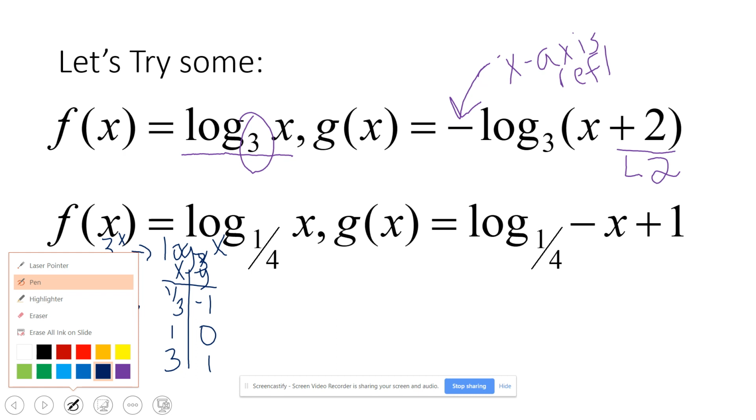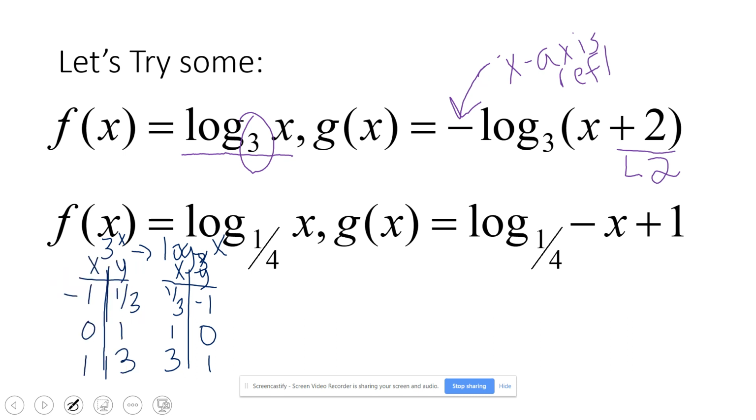I go ahead and I draw our parent function. I'm going to use that navy. And our parent log function, we have 1/3, negative 1 about here, 1, 0, and 3, 1.